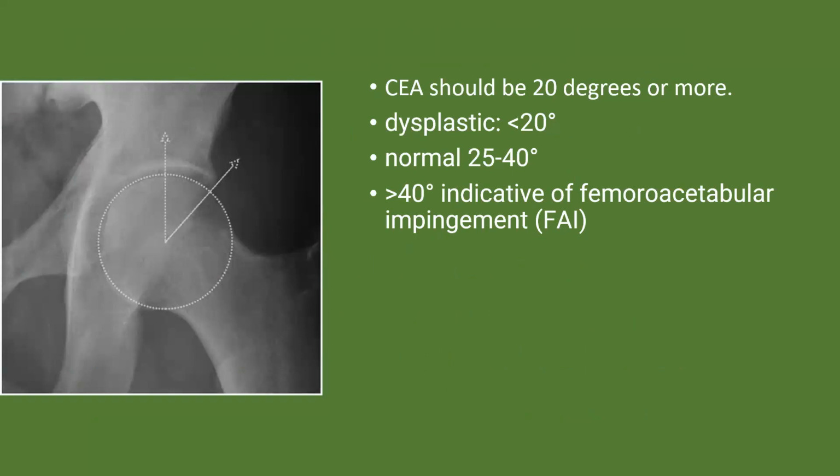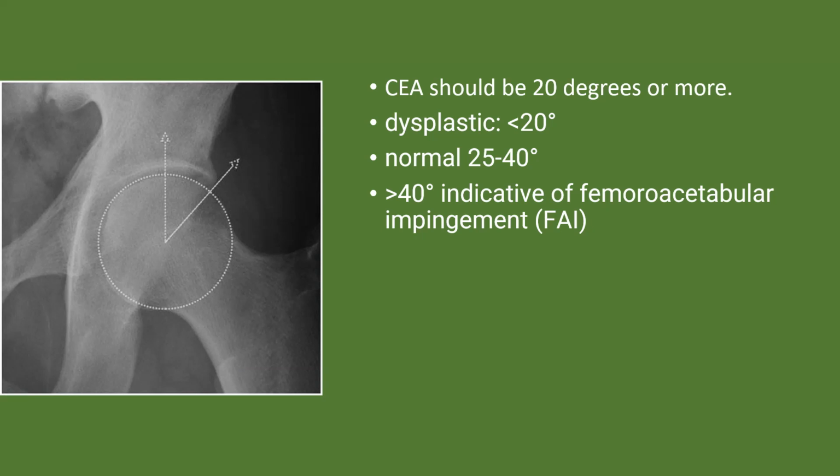This is a patient who has a normal hip. The center edge angle should be 20 degrees or more. If it's dysplastic, it's less than 20 degrees. This is the angle that we have between the two arrows.